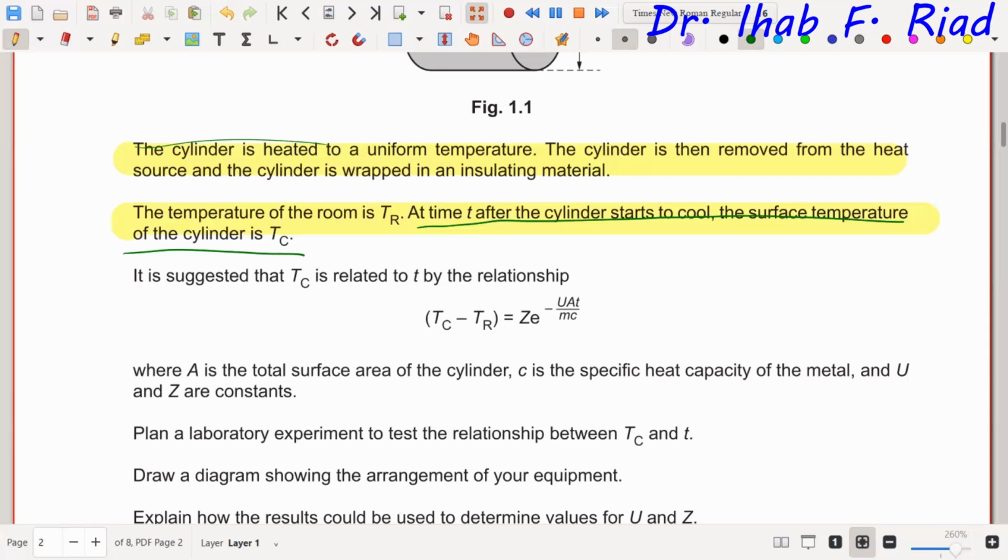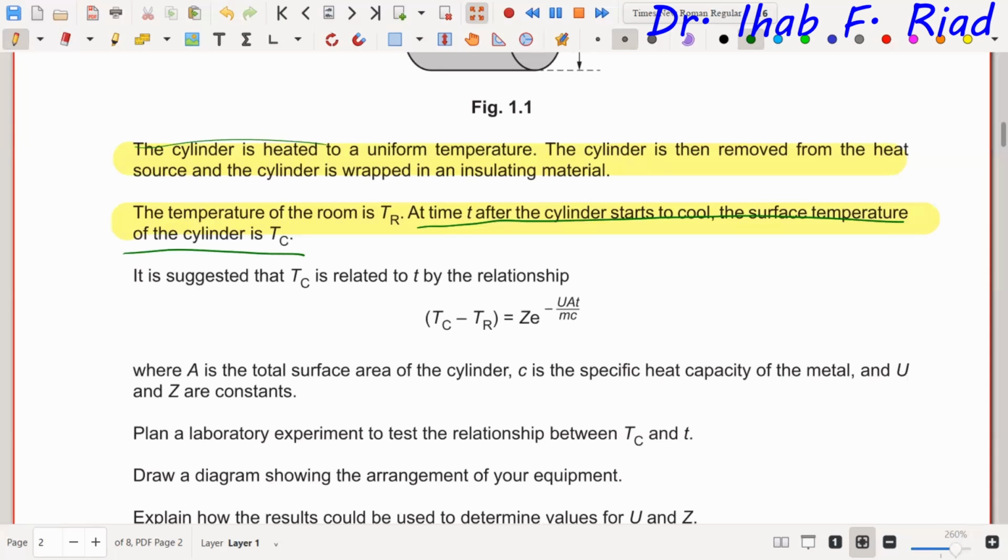Then what are we going to do next? Say after 1 minute, after 60 seconds, what do you expect the temperature to be? The same, higher, lower, what? Lower. Lower, right? Then we measure again after 2 minutes, for example. We are going to get a temperature TC. And we continue to do that for some time, for example, for half an hour.